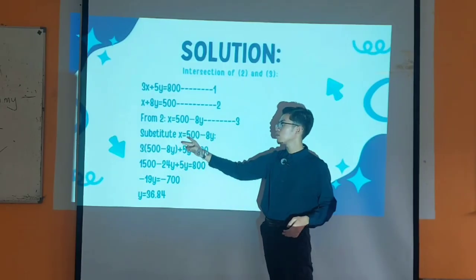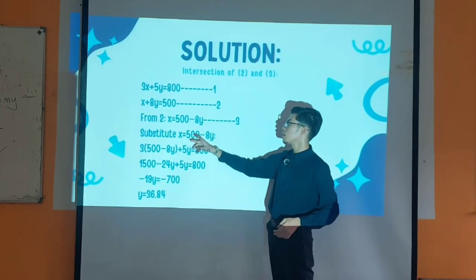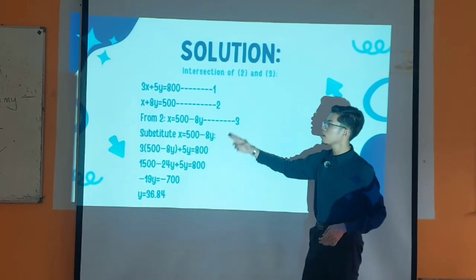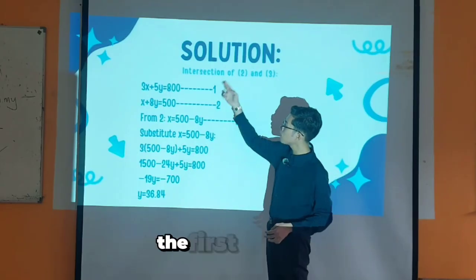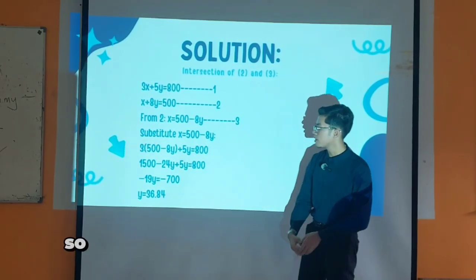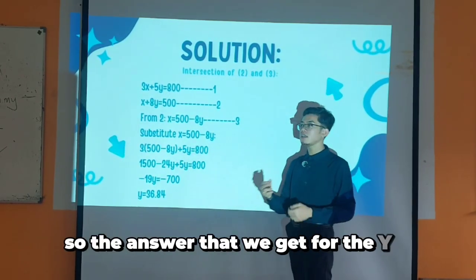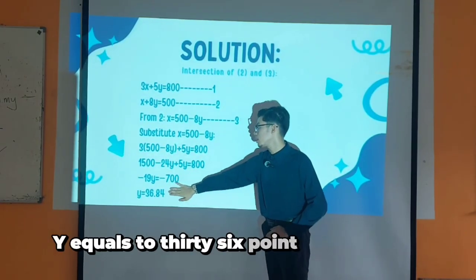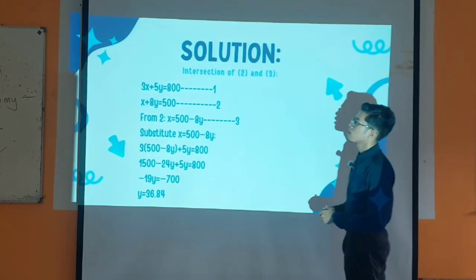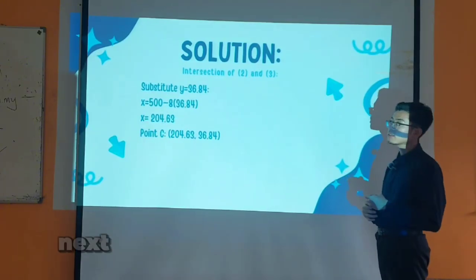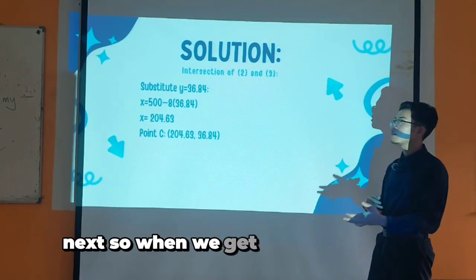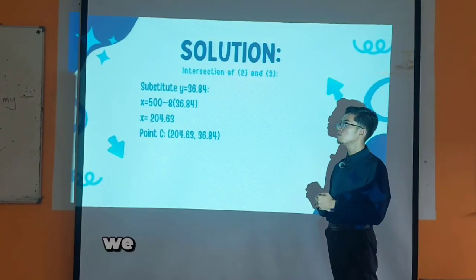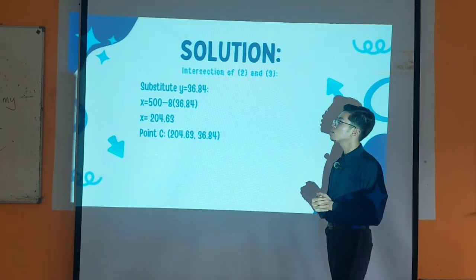Substitute x equals 500 minus 8y in the first equation, and the answer for y is 36.84. Next, when we get y, we need to find x.